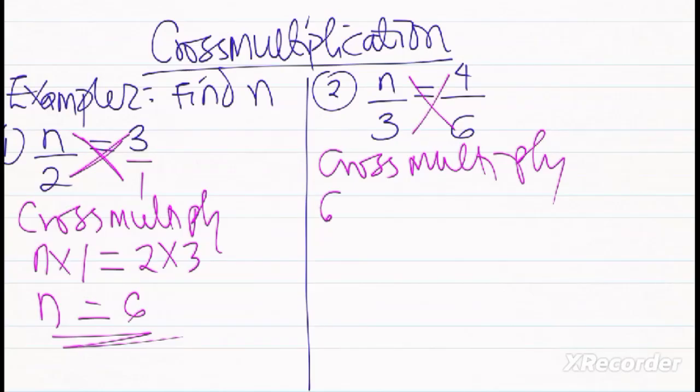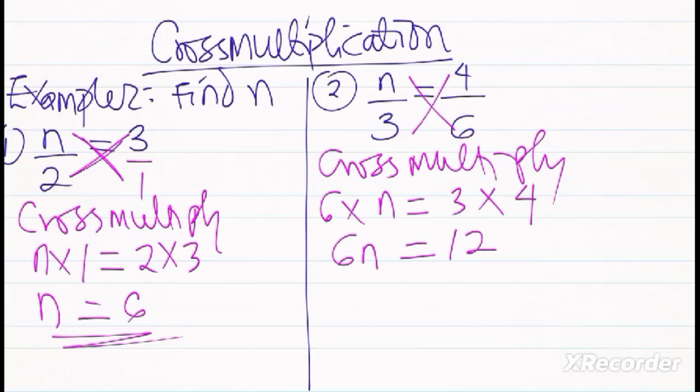So 6 times n equals 3 times 4. 6 times n is 6n equals 3 times 4, which is 12. Remember, we have come back to that last stage we learned, which is to divide both sides by the coefficient of what you are looking for. This is the reason why it is good to understand all these steps.